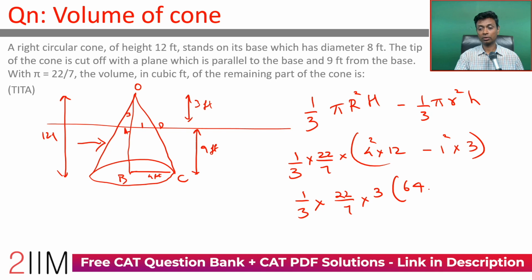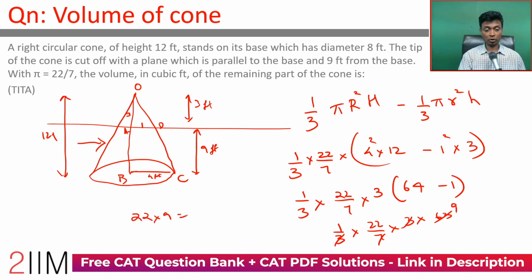4 square into 4, I'm taking out a 3 minus 1. Or this is 1/3 into 22/7 into 3 into 63. This goes off. 63/7 is 9. We're looking at 22 into 9 equal to 198 cubic feet. 1/3 pi r square height minus 1/3 pi r square height.